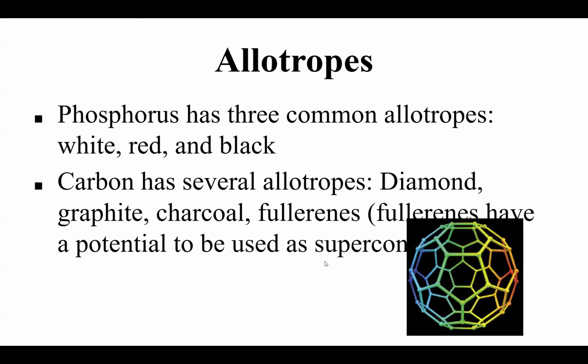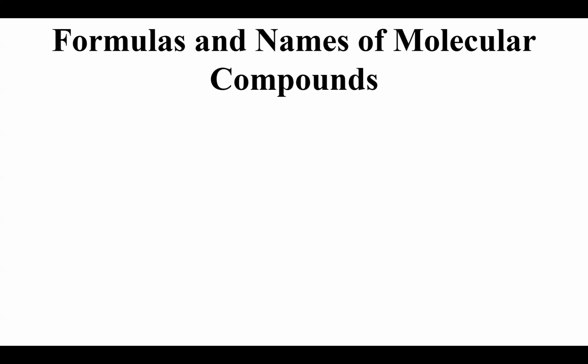Fullerenes have a potential to be used as superconductors, which would be awesome. So you can see how these properties vary vastly, even though they all are made of the same element. It's just the structure and how the electrons are shared creates its properties. It's pretty neat.